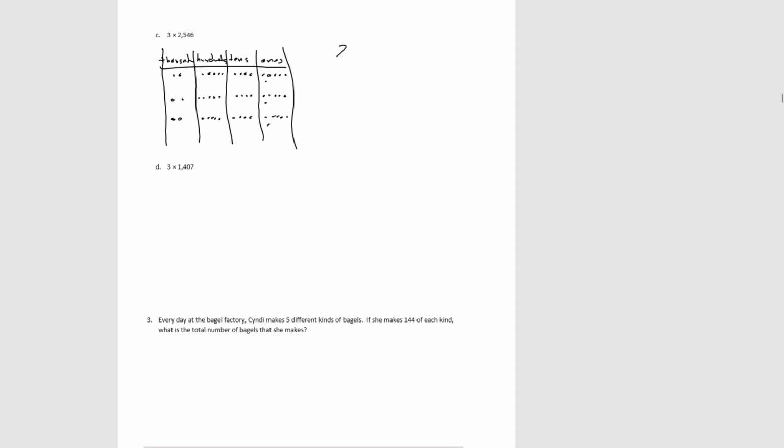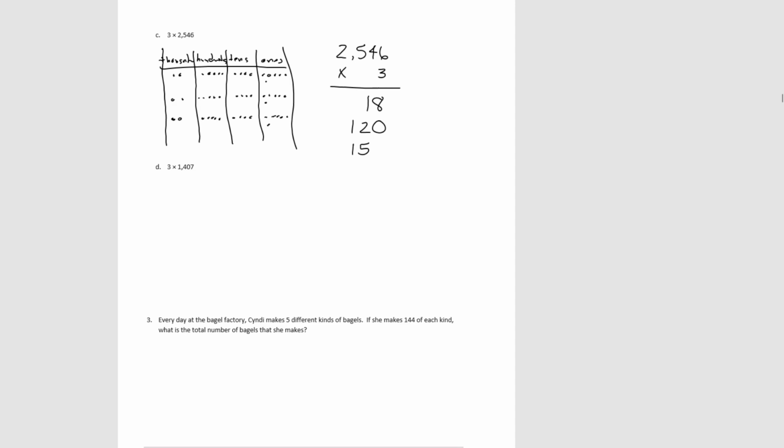And let's record it vertically. We'll look at the ones first. 6 ones 3 times is 18. 4 tens 3 times would be 120.